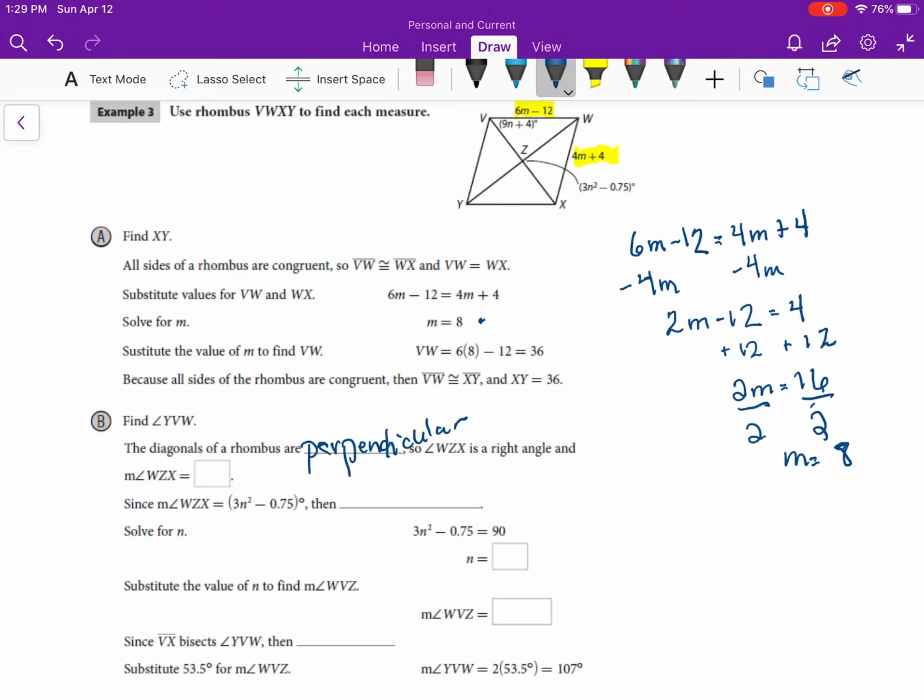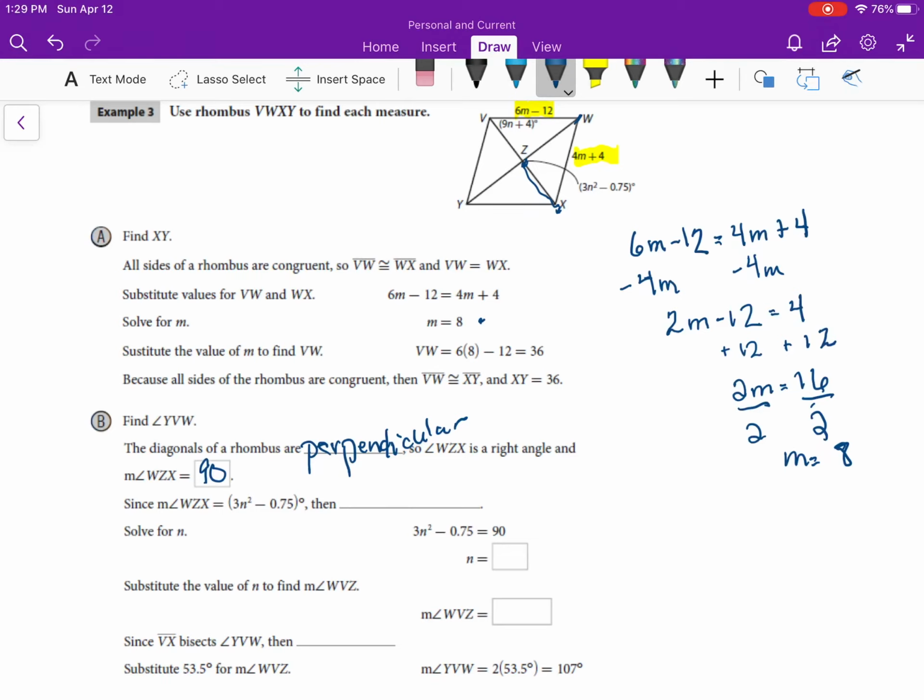So I know WZX is a right angle, and so the measurement of WZX is 90 degrees.